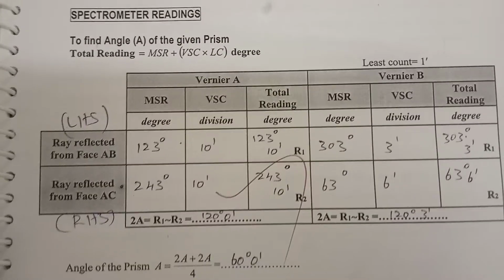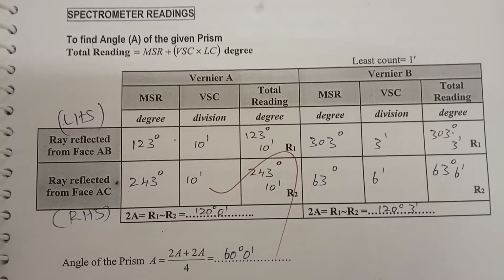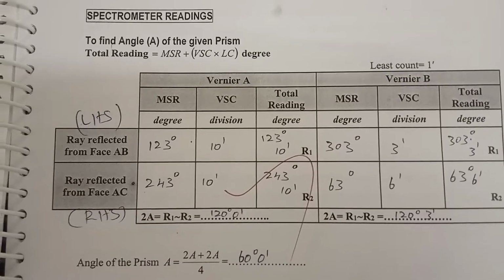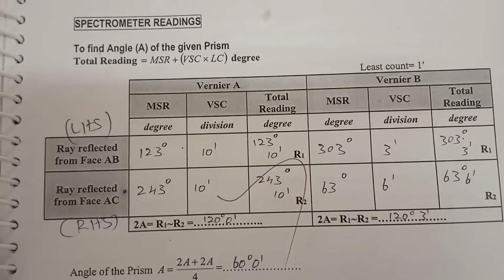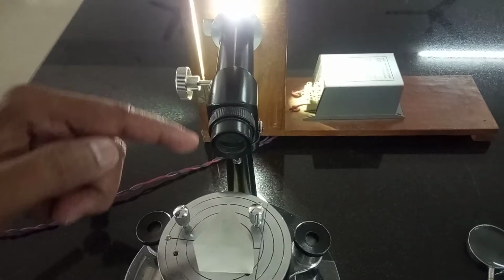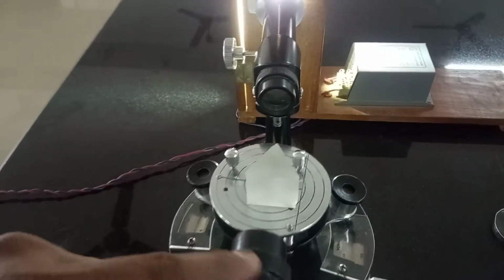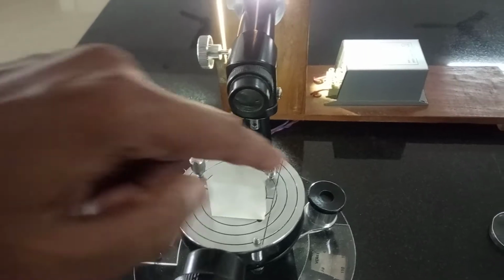So this is the tabular column to find the angle of the given prism for the left hand side and right hand side, because we have two images on the left side and right side of the edges of the prism. The light rays from the collimator will fall on the single edge of the prism, and the rough surface should be pointed toward us, so that the two edges, that is B point and C point, will give two different images.